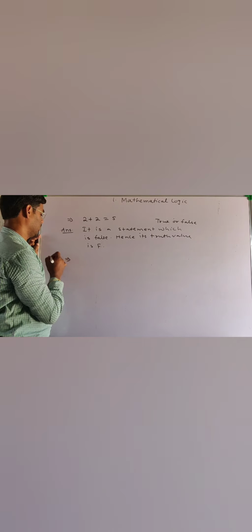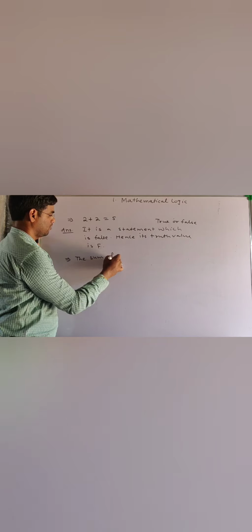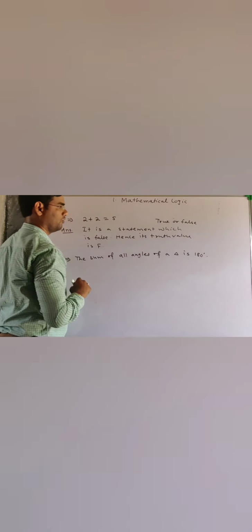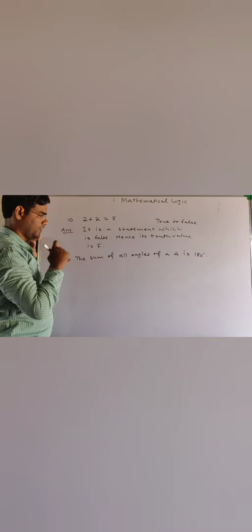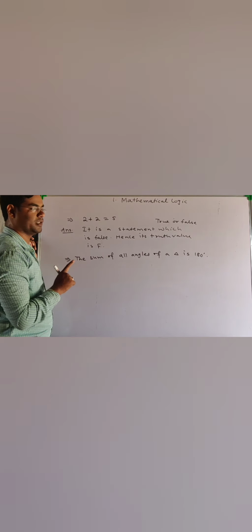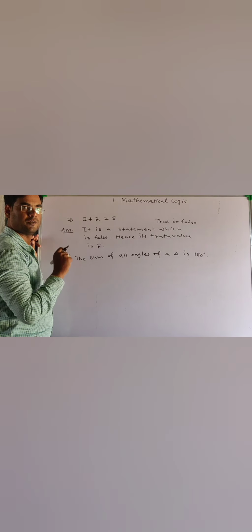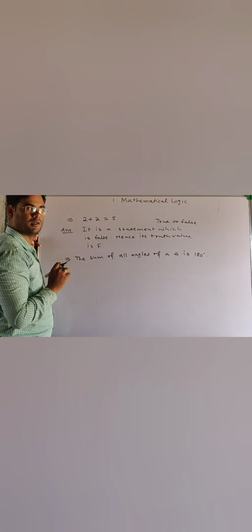Let us take one more example. The sum of all angles of a triangle is 180 degrees. Check whether this sentence is true or false. If true, it is a statement; if false, it is also a statement.